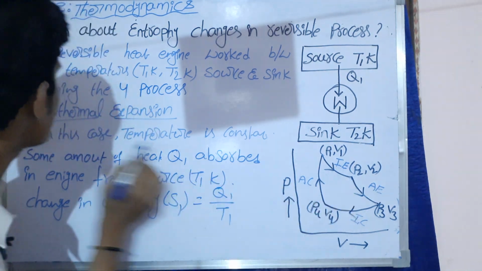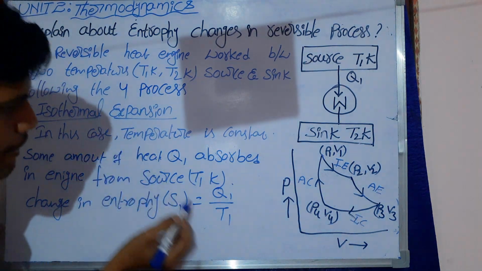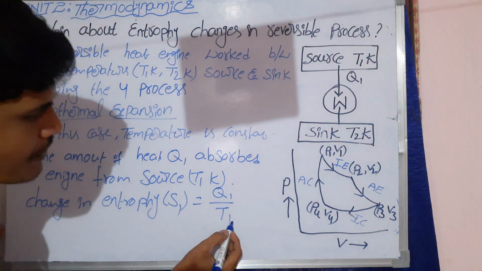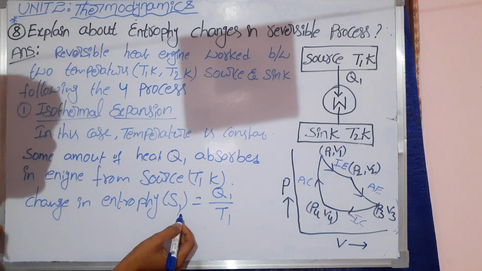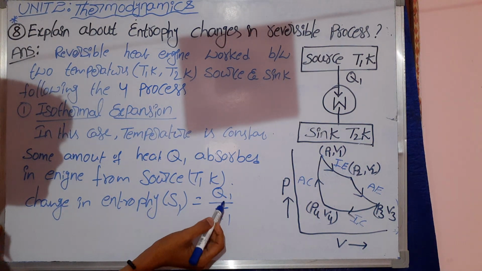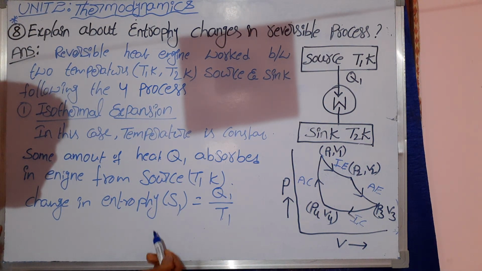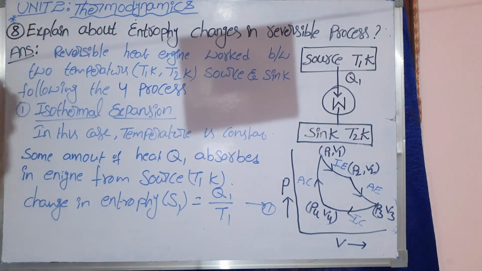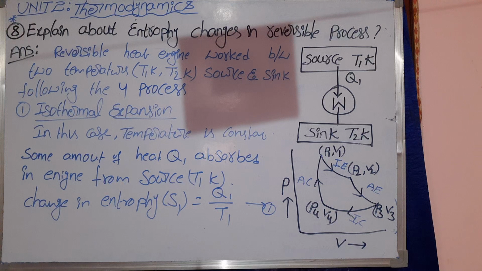In isothermal expansion, temperature is constant and the remaining variables are changed. Entropy means the ratio between Q and T. This is equation number 1.